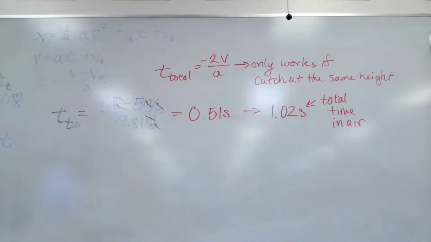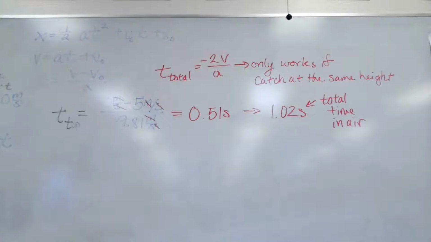So what speed is it going to have down here? Symmetric. Same on both sides. It's going to have 5 meters per second, but the difference is going to be the direction. So your direction is now downward instead of upward.